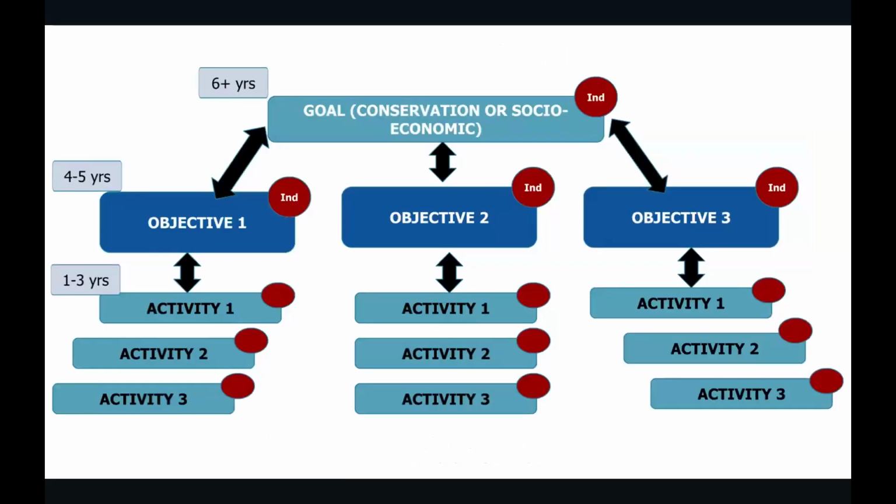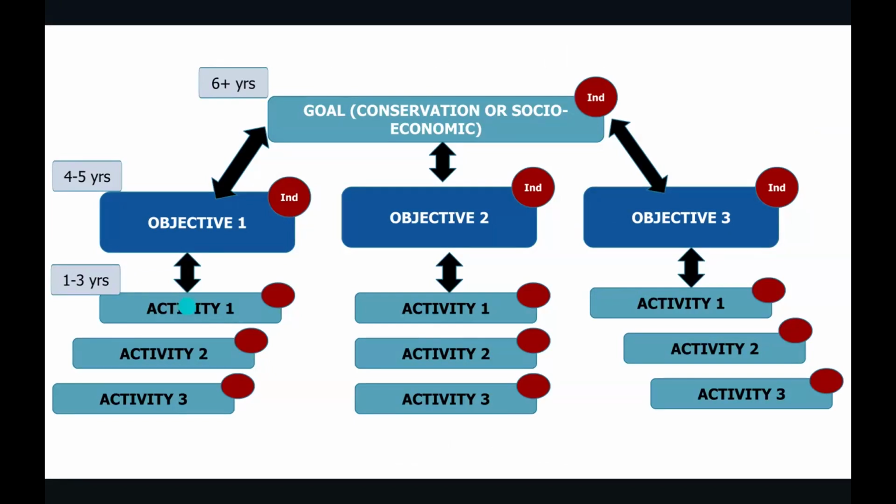So this graphic just shows you how these all line up. So you've got these broad goals on the top. They could be conservation or socioeconomic goals, those broad statements. They're long-term. These are ultimately what you want to achieve. You usually have several objectives underneath those that are going to help to achieve that goal.